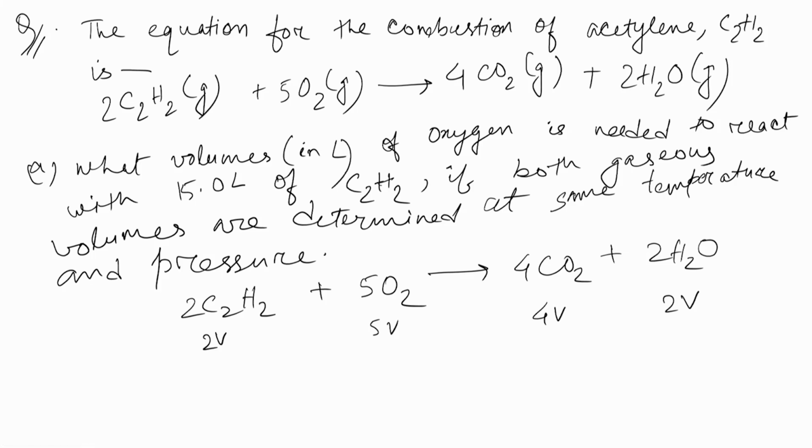Here we are again assuming that volumes are proportional to, or multiples of, the coefficients. So, the question asks what volume of oxygen is needed to react with 15 liters of acetylene.